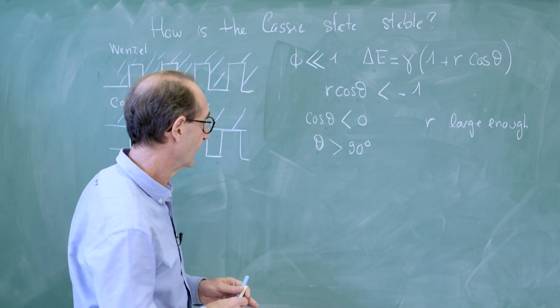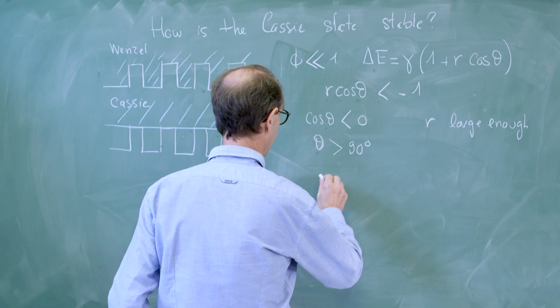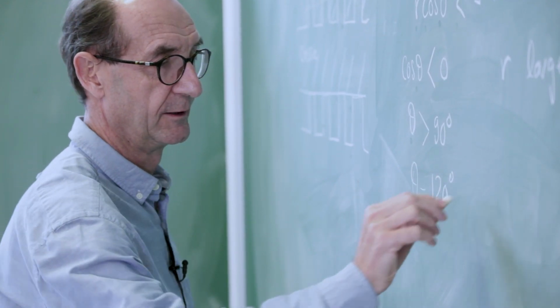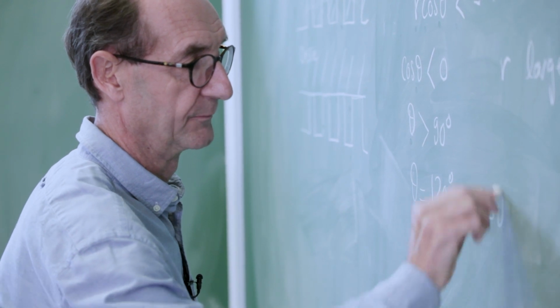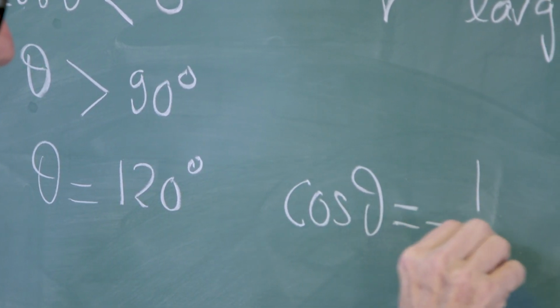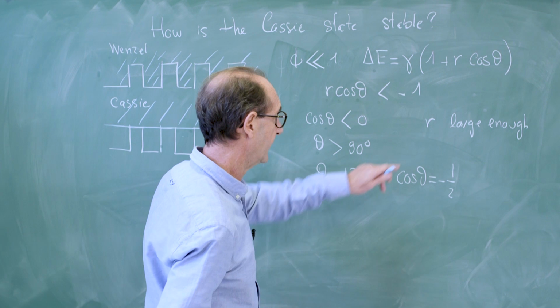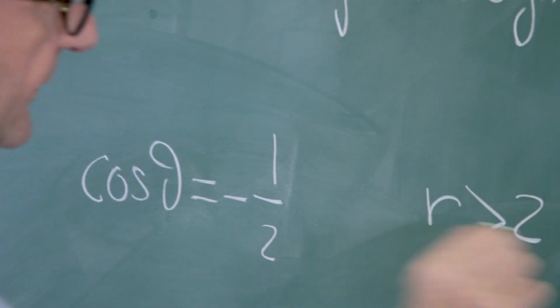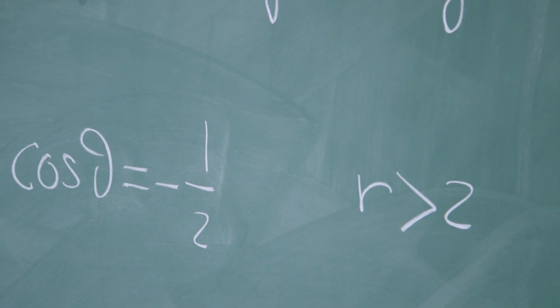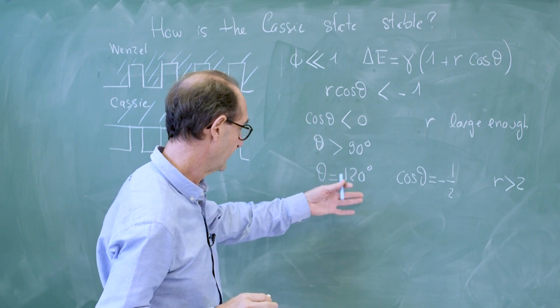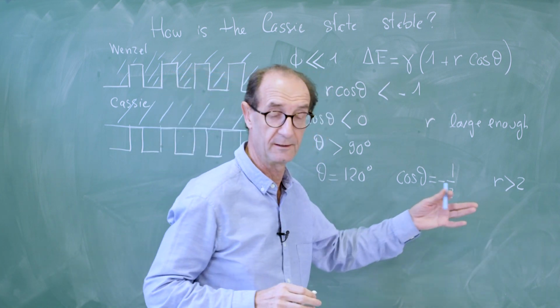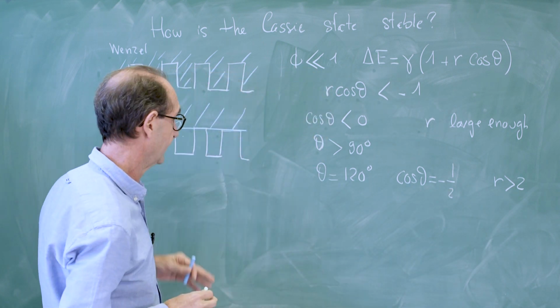For example, when the contact angle theta is equal to 120 degrees, the cosine of this angle is minus 1/2. And if R is just larger than 2, then the Cassie state is stable. So we can understand that when we have a hydrophobic material, by making it rough, we favor the Cassie state.